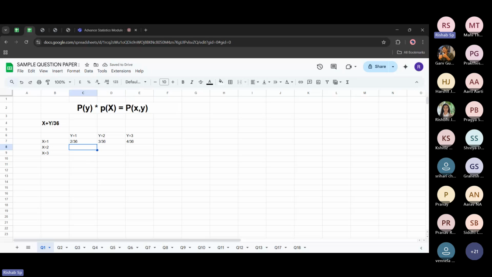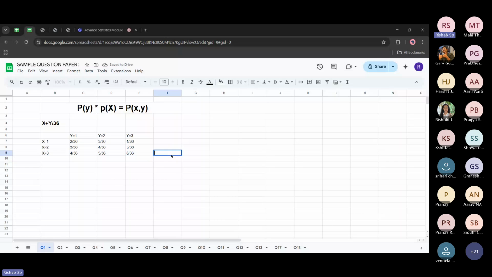X is equal to 2 and y is equal to 1, right? Basically we are finding the joint probability. So x is equal to 2, y is equal to 1, it will be 3 divided by 36. Then 4 divided by 36, 5 divided by 36, 4 divided by 36, 5 divided by 36, 6 divided by 36. These are the values, right?